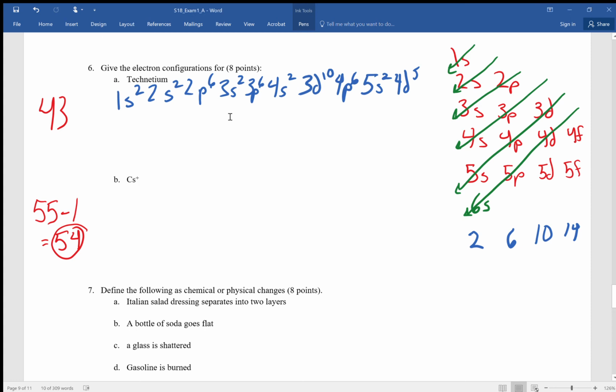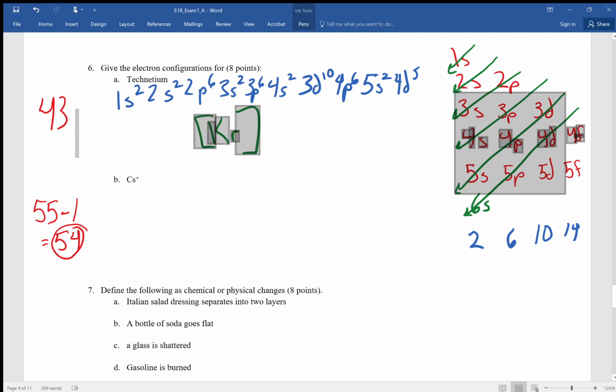And so we could also have done this one as krypton, and then just filled in what comes after krypton: krypton 5s2, 4d5.